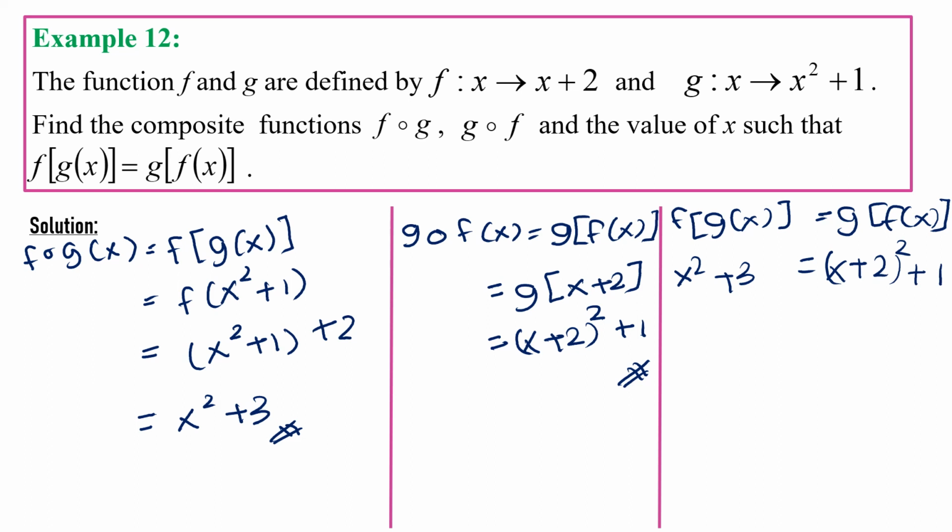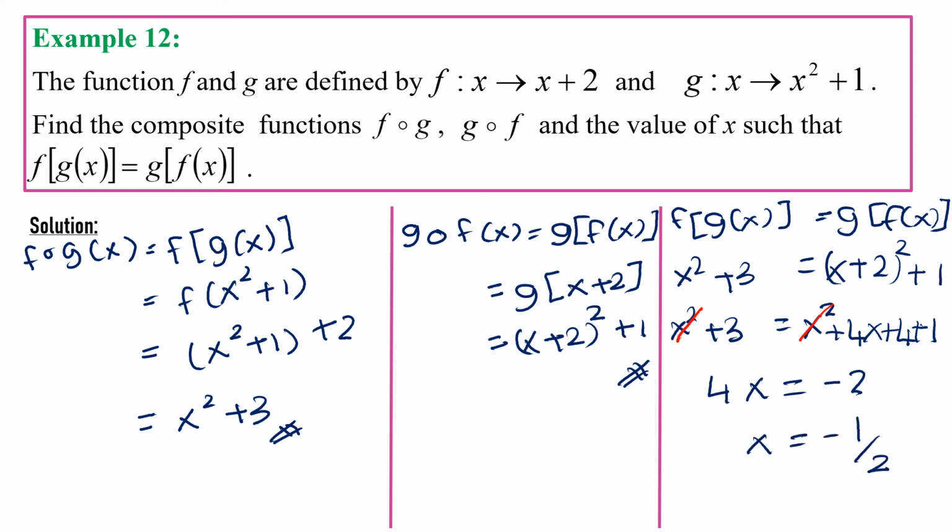And then we expand this, we have x squared plus 3 equals x squared plus 4x plus 4 plus 1. Okay, and then we can cancel this x squared out, and we arrange the like terms. So we have 4x equals minus 2, and then x equals minus 1 over 2.